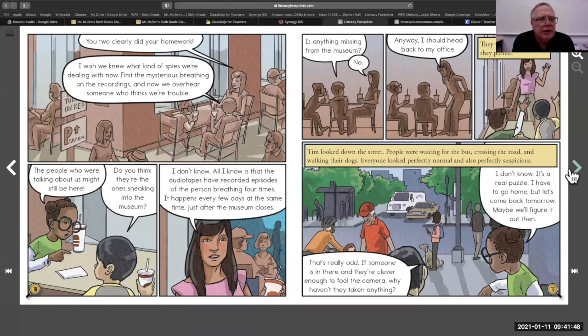You 2 clearly did your homework. I wish we knew what kind of spies we're dealing with now. First, the mysterious breathing on the recordings, and now we overhear someone who thinks we're trouble. The people who were talking about us might still be here. Do you think they're sneaking into the museum? I don't know.